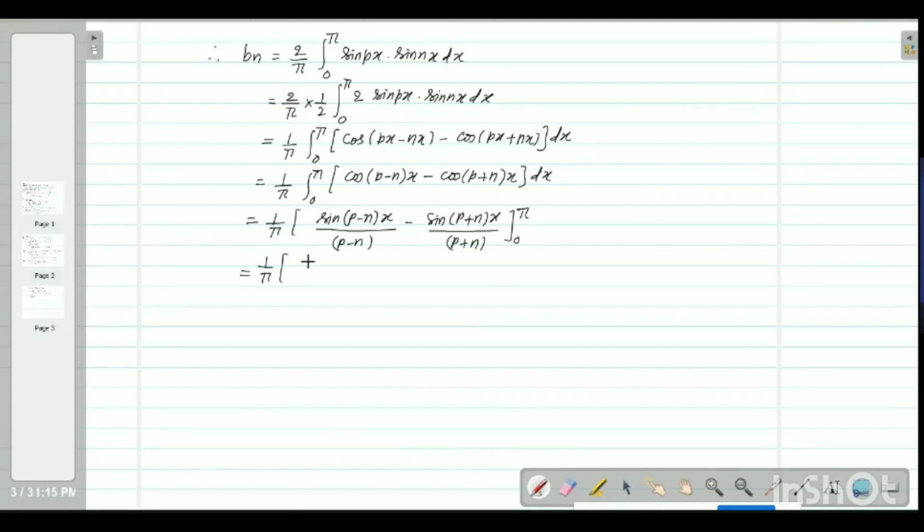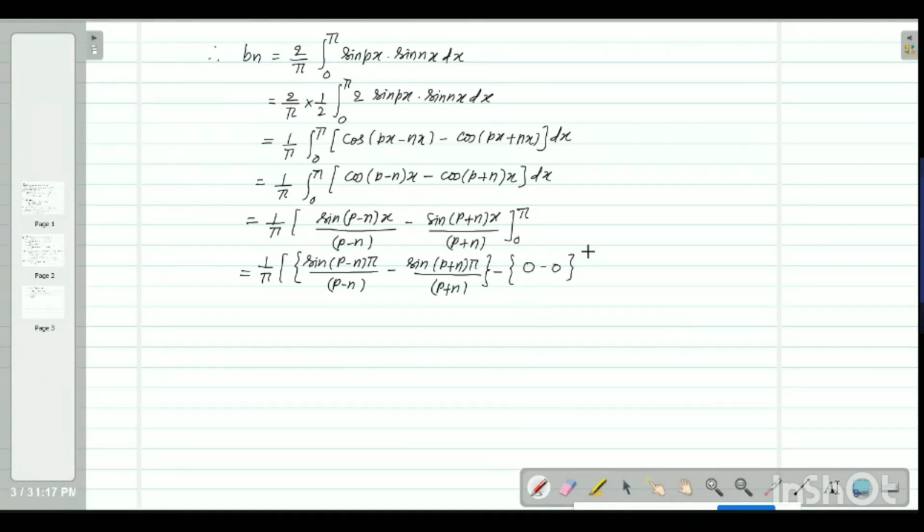So 1 upon pi. The upper limit gives sine of p minus n pi by p minus n, minus sine of p plus n pi by p plus n. Minus the lower limit: putting 0, sine 0 becomes 0 and this becomes 0, so this is 0 minus 0.